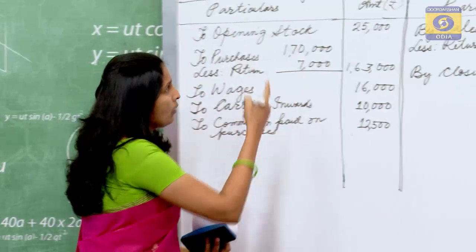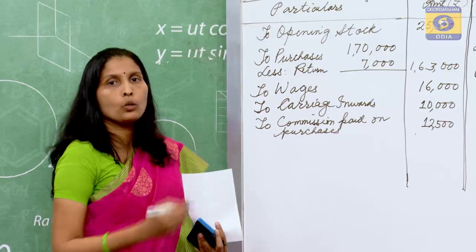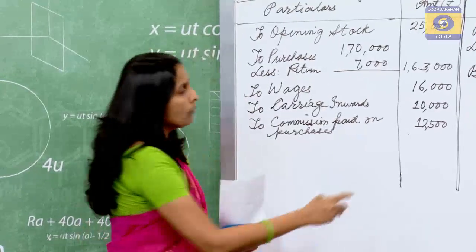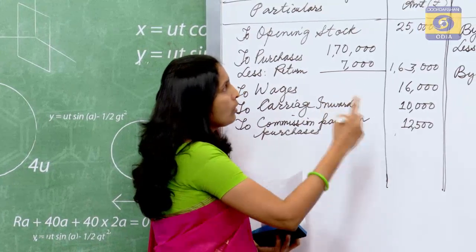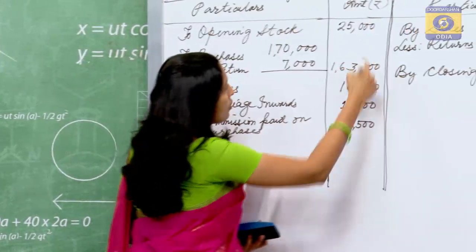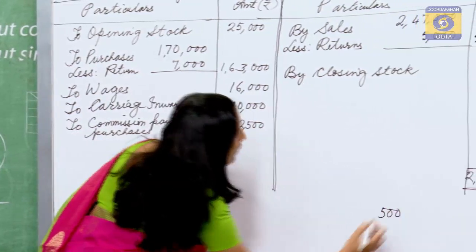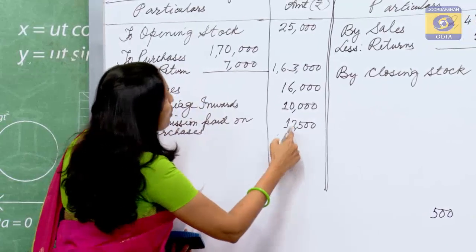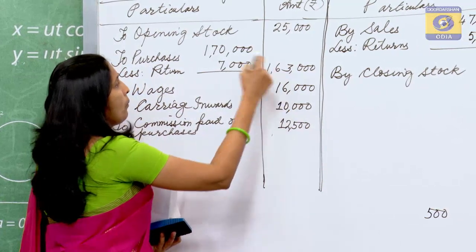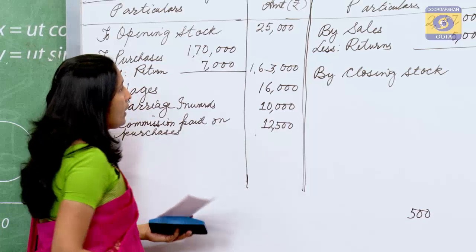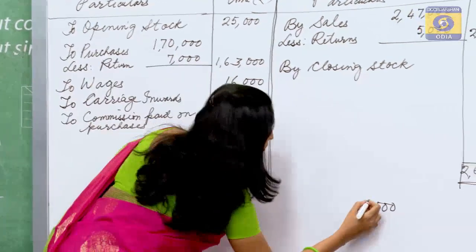Now, let us take a look at the debit. What is the total of the debit column? We will not do the totaling directly over here, we will do it in the rough working. So, let us take a look. In the rough working, 500 is the total here, then 2 plus 6 is 8 plus 3 is 11, and then we have 5, 11 plus 5, that is 16.